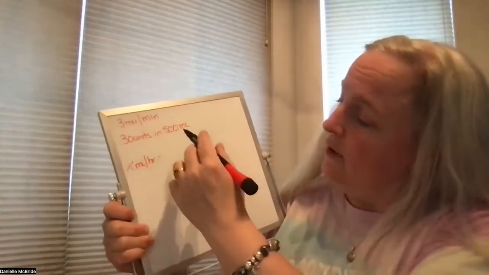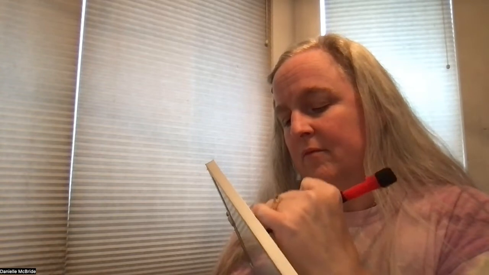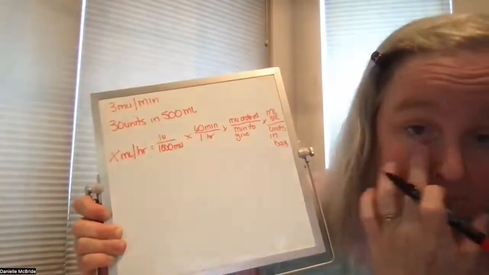So X mLs per hour equals 1 unit over 1,000 milliunits times 60 minutes in an hour, 60 over 1, times milliunits ordered over minutes to give, times the milliliters of solution over units in the bag. Okay, so that's the formula.